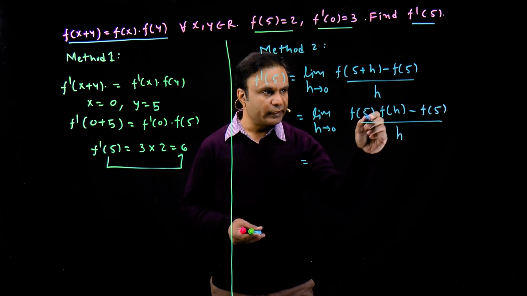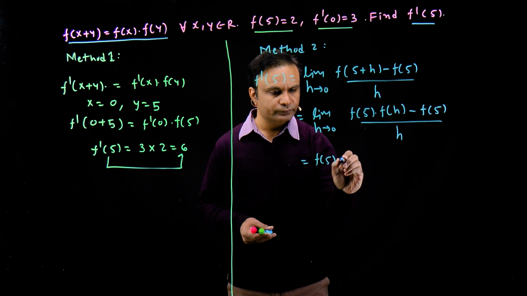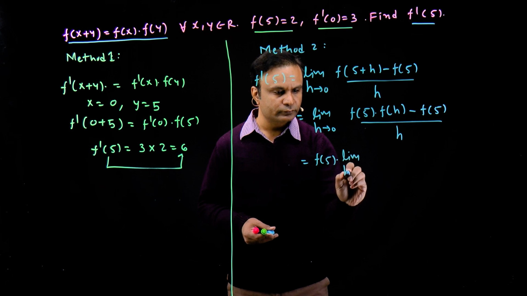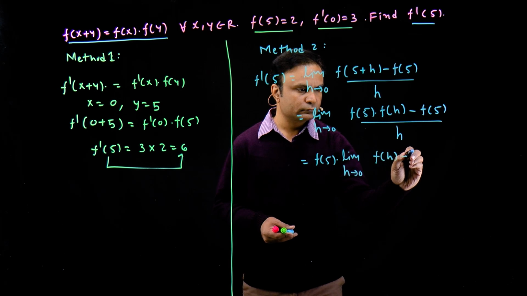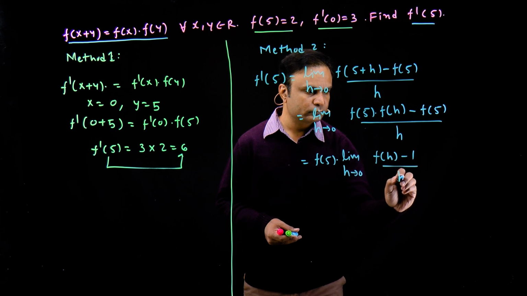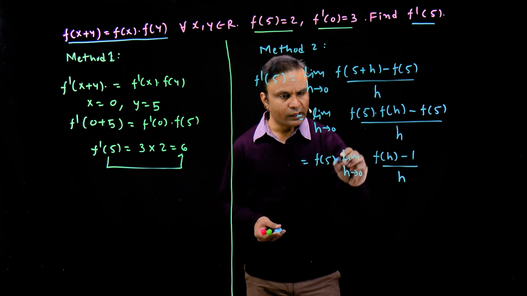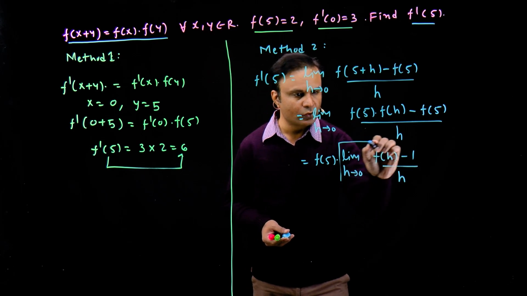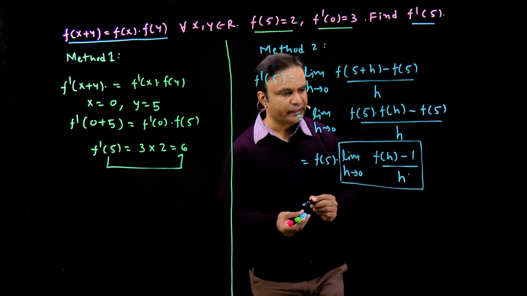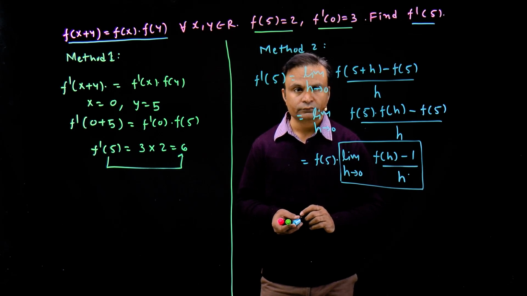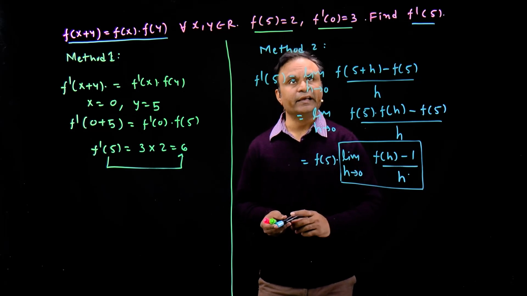From this, I can take out f of 5 common outside the limit. Okay, the value of f of 5 is given. Now I have limit of f of h minus 1 upon h. Clearly this must be f dash 0.